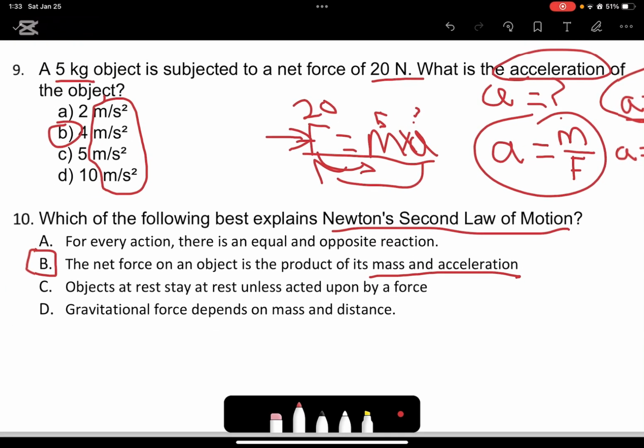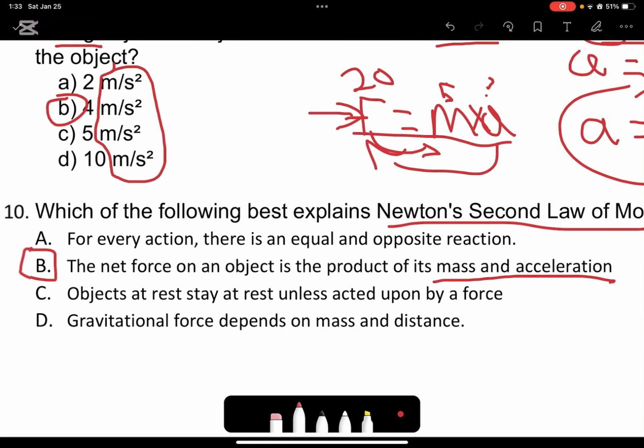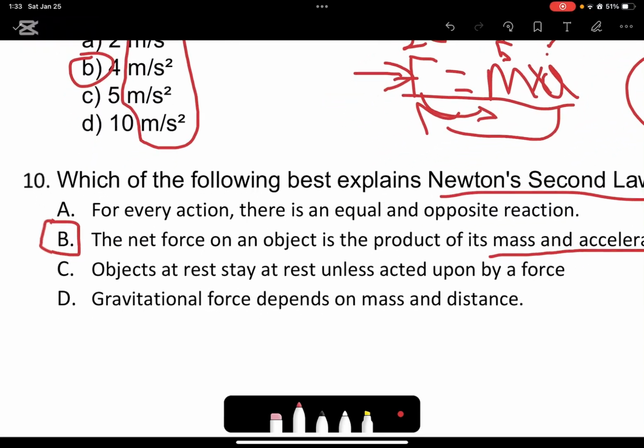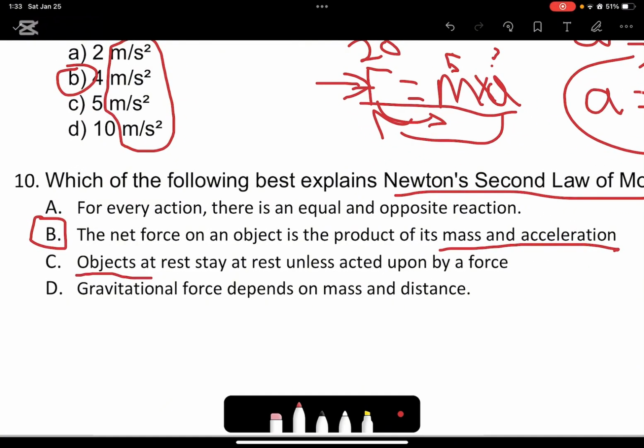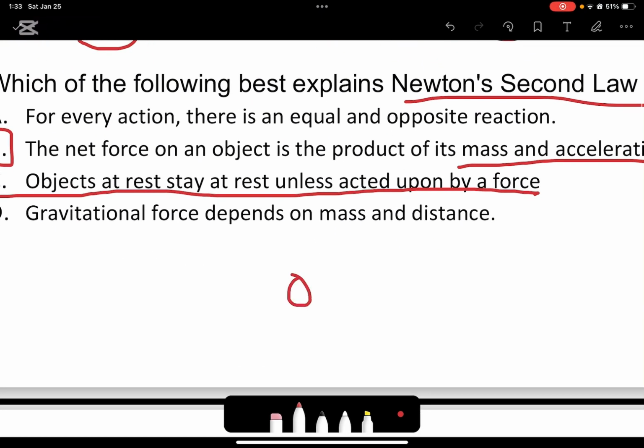And if you want to know the first and third law, the first law of Newton is objects at rest stay at rest until acted upon by a force. So imagine a ball. This is for the first law. Imagine a ball on the grass and no one's touching it. It's at rest.